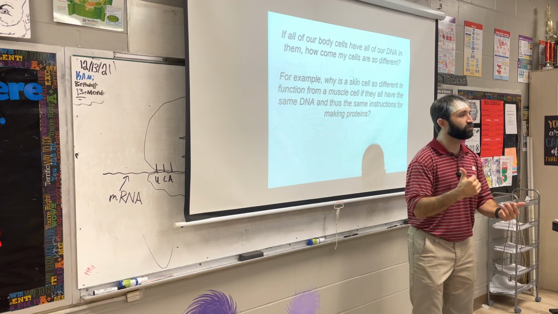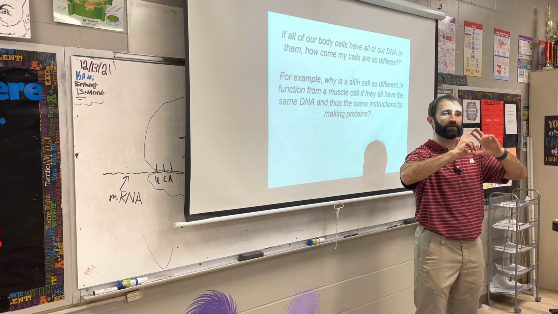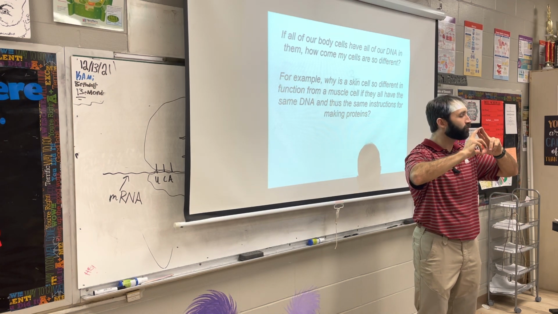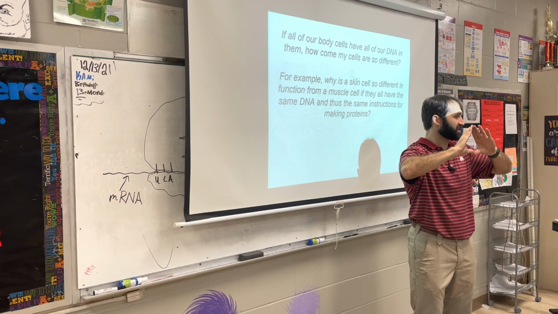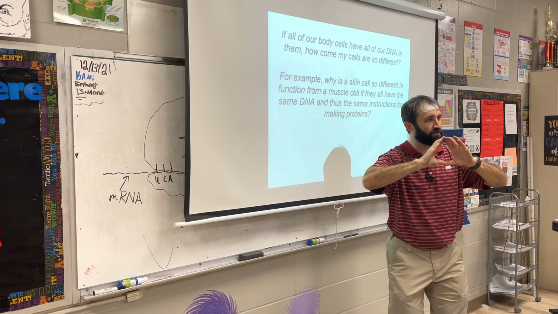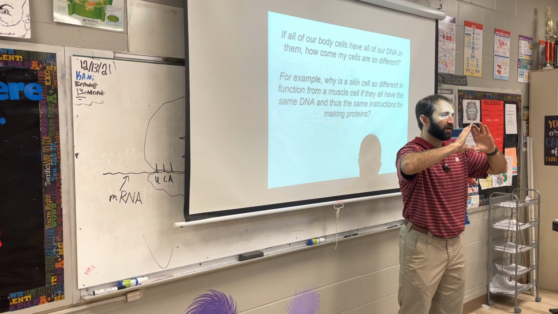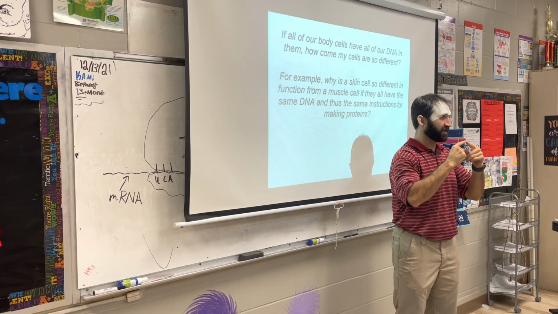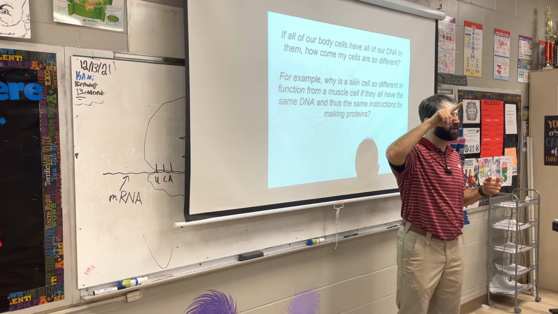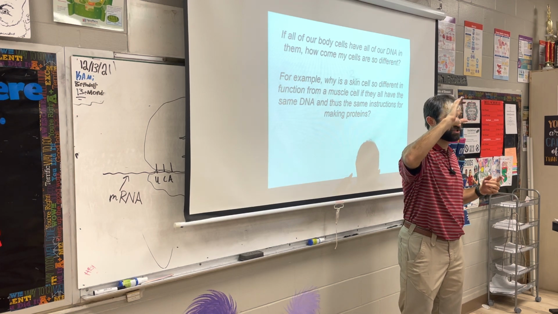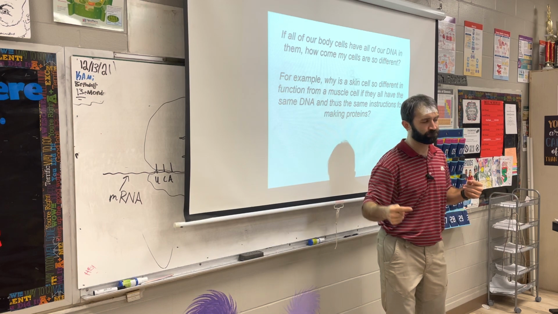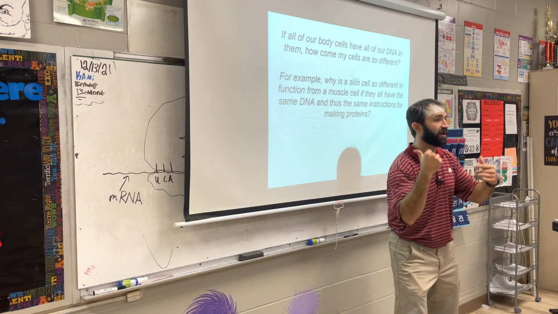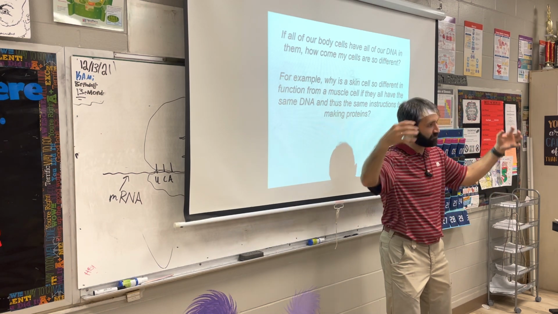Because remember, what do cells do? This is putting all the puzzle pieces together. When we started off, we started with fertilization. Sperm fertilizes egg. You have a cell that can become anything. It's undifferentiated. Remember that word, differentiation? That's what starts to happen: cells differentiate.